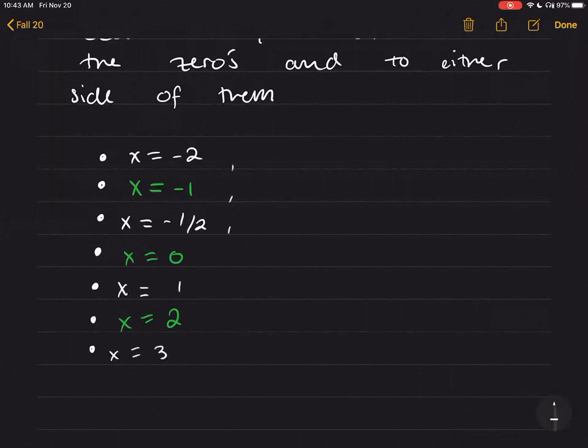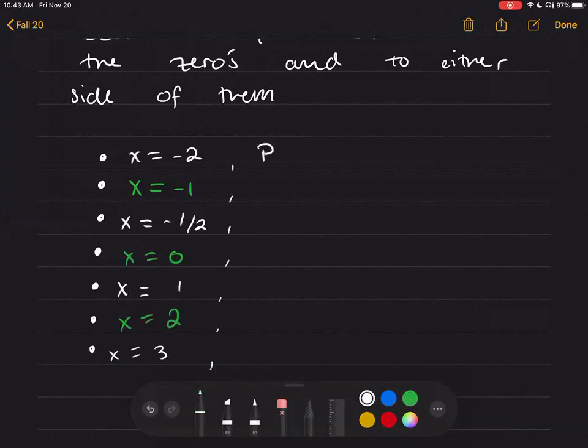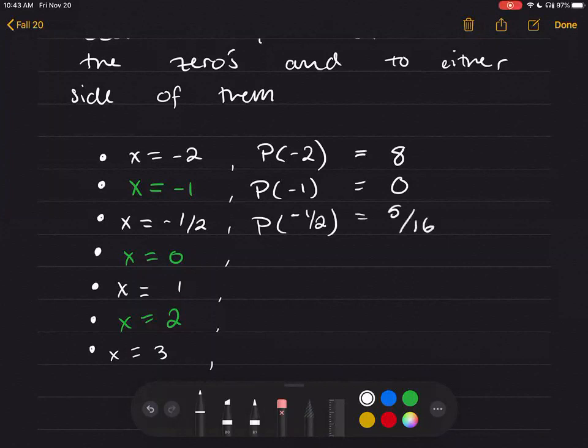And so now we're going to look at the p of -2. So we're going to plug our test point into the function. And what we're going to get out for -2, I bet it's going to be 8. And then for p of -1, -1 is just a root, so it's going to be 0. P of -1/2, you plug that in, you do some algebra, I think what you can get out is 5/16.